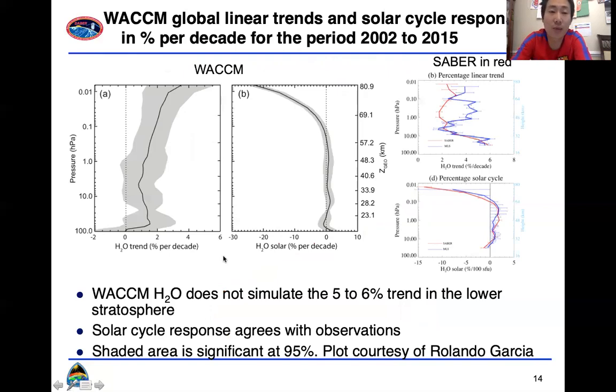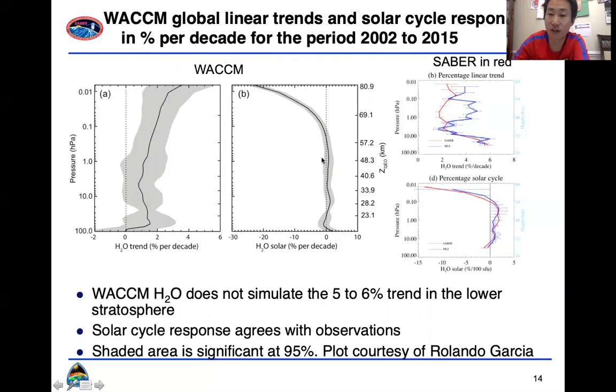At last, we compare the SABER and MLS observations to the free-run WACCM simulations provided by Rolando Garcia at NCAR. The left panel shows the relative linear trend. The right panel shows the solar cycle variation.